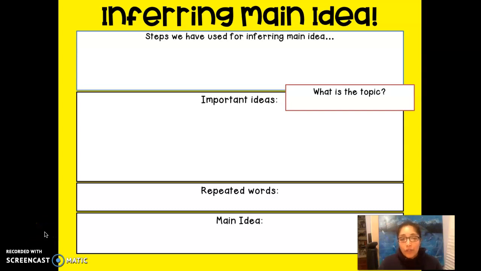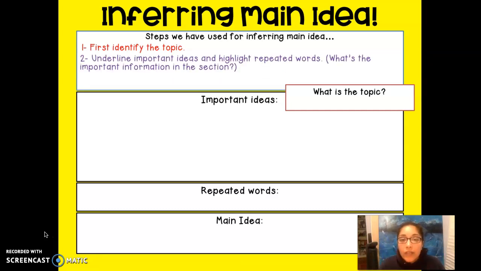So now we're going to review how to infer the main idea of a chunk of text. We've done this several times, so this is just a review. Remember, the first thing we do when we want to figure out the main idea is identify the topic of the text. Number two, we underline the important ideas and highlight repeated words.